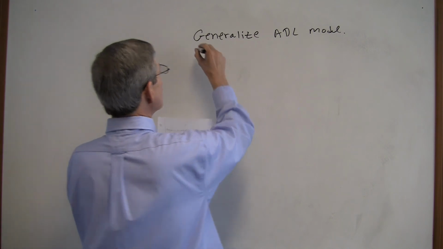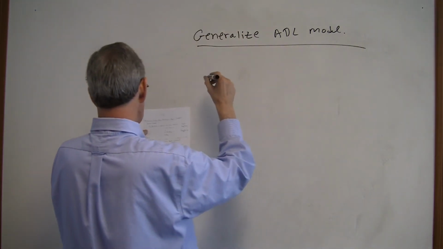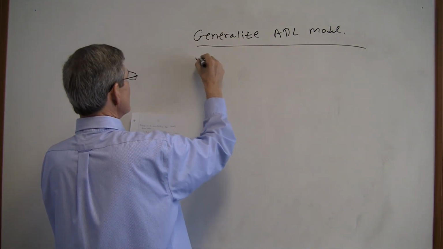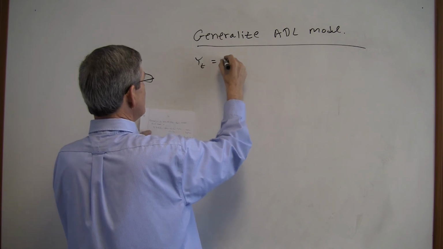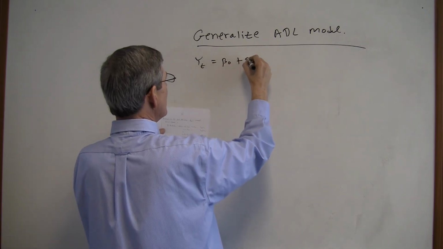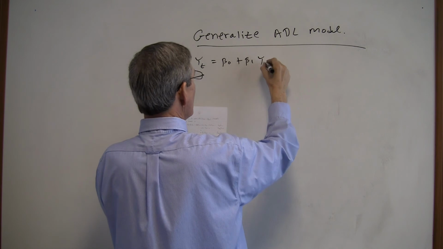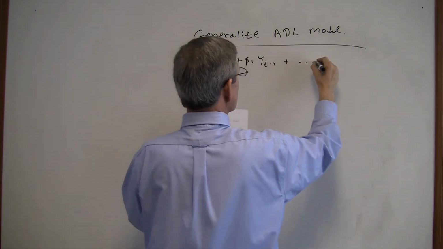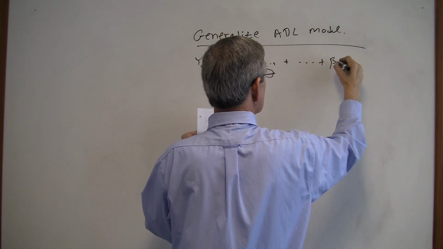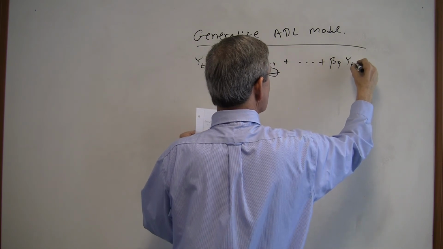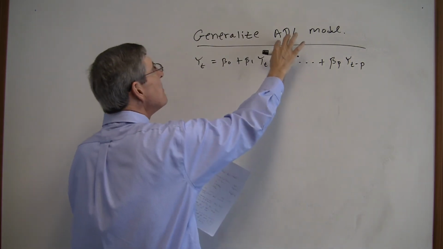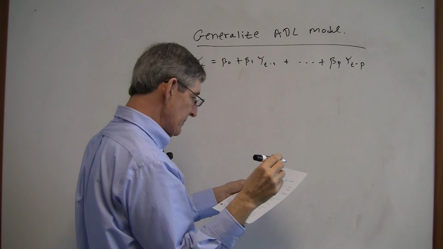So the generalized model, the general model, is going to take me a couple of lines. Yt is beta naught plus beta 1 yt minus 1 up to beta p yt minus p. So that's that AR part. And now we're going to add the distributed lags.